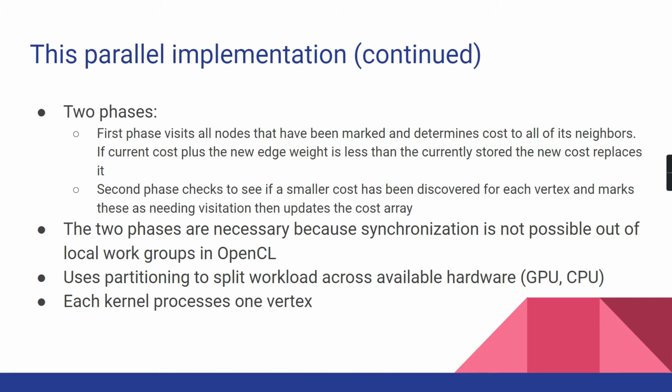And the second phase is going to check to see if there's a smaller cost that's been discovered for a vertex, and it's going to mark those as being needed to visit and update the cost array. Both of these phases are necessary because synchronization isn't really possible for local groups in OpenCL. It's going to use partitioning to split the workload between available hardware, which can be the CPU or GPU, and each kernel processes one vertex.